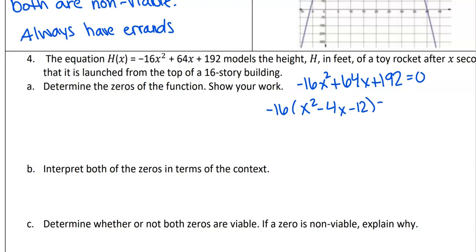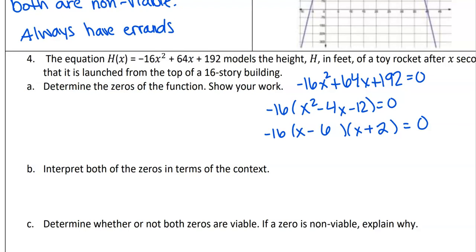Negative 12. What multiplies to give us negative 12 but adds to give me negative 4? So negative 6, positive 2, right? Negative 6 times 2 is negative 12. Negative 6 plus 2 is negative 4.